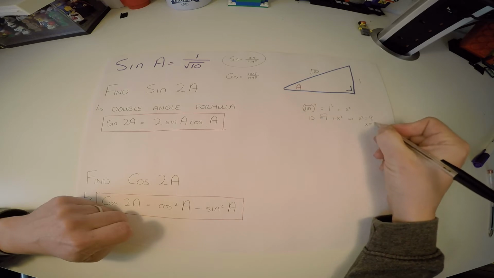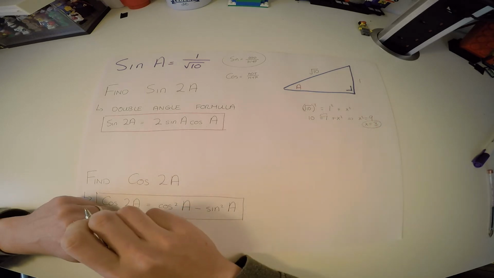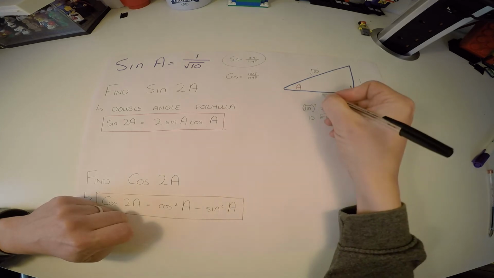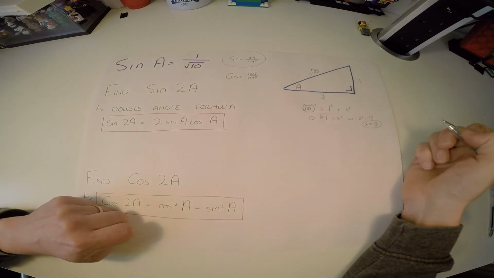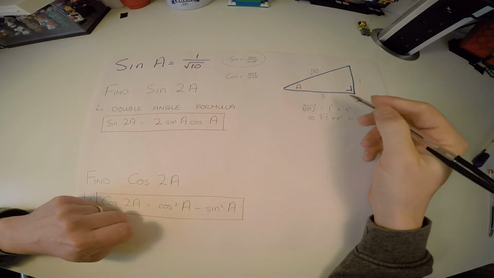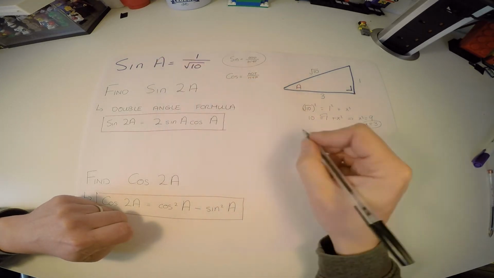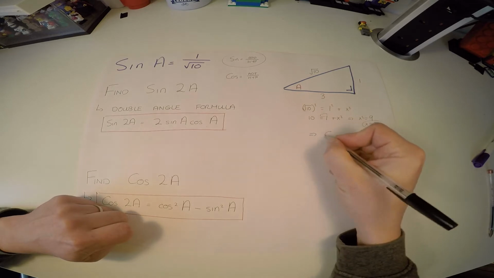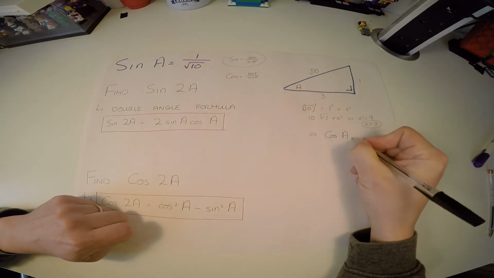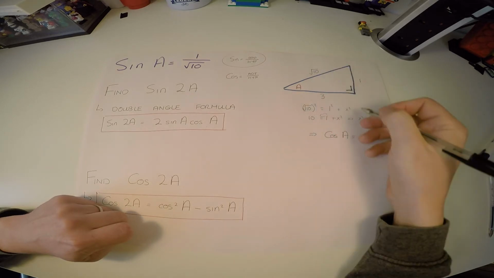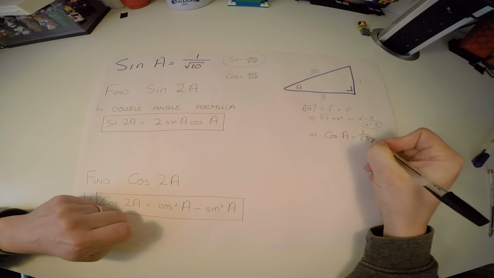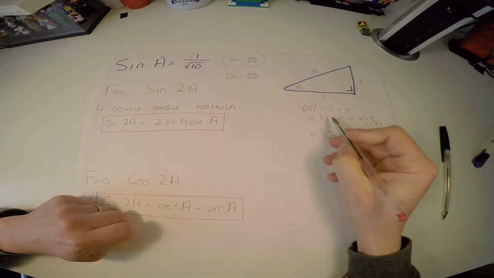And we must be positive, so x is equal to square root of 9, which is 3. So we can definitively say this side down here is 3. Now we know sine of a is 1 over root 10, and this implies that the cos of a is equal to adjacent over hypotenuse, which is 3 over root 10. So this is something we can use.